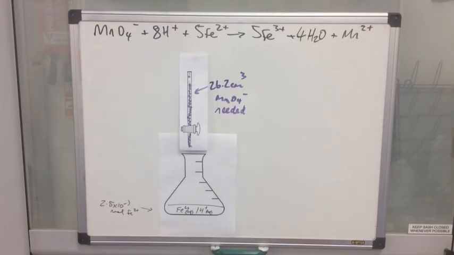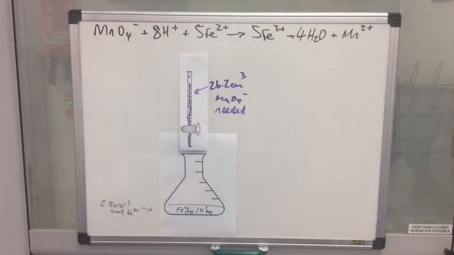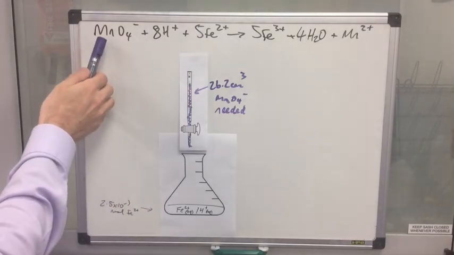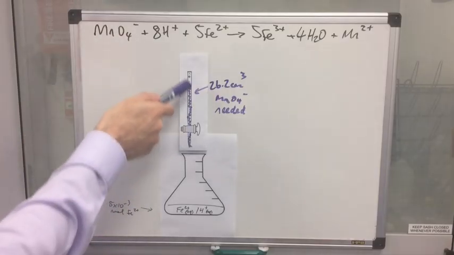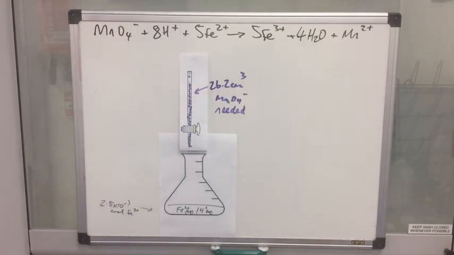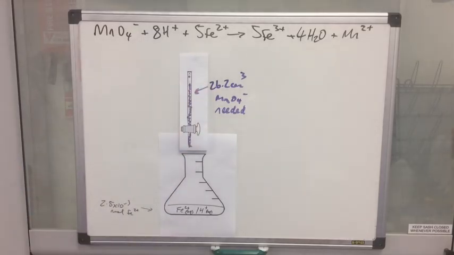So we're going to bring the redox equation into play now. So we know the moles of iron 2+, we know this quantity here. We want to find out how many moles of MnO4- ions were present in this required volume from the titration, which is 26.2 cm³.